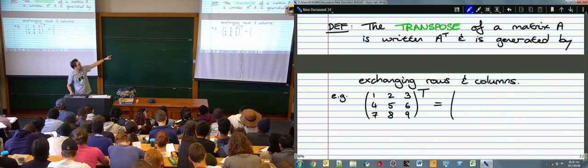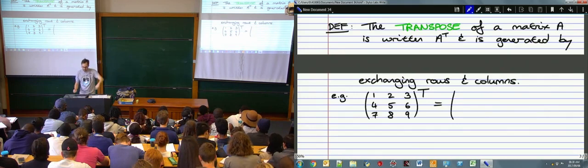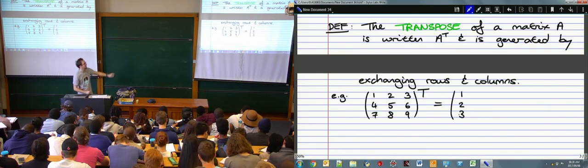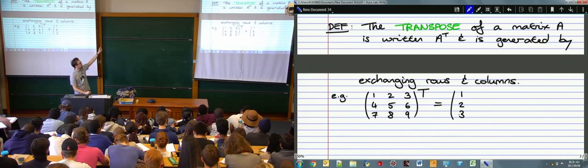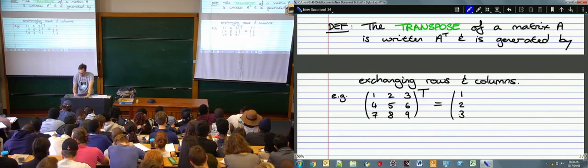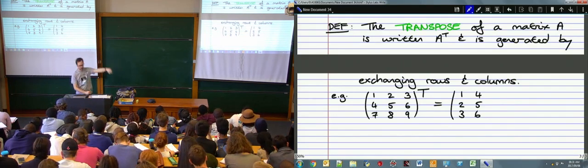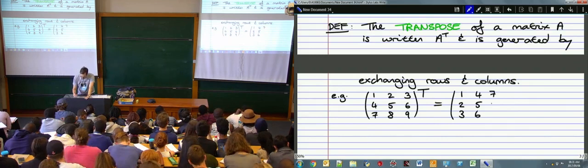Now the first row in my original matrix was 1, 2, 3, so that becomes the first column, 1, 2, 3. And the second row was 4, 5, 6, that becomes the second column, 4, 5, 6. And the third row, 7, 8, 9, becomes the third column, 7, 8, 9.